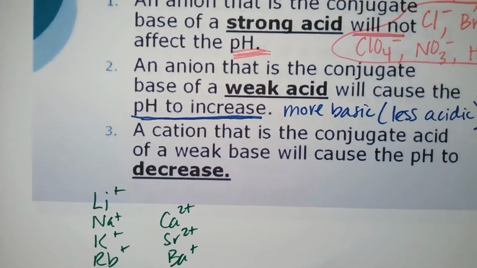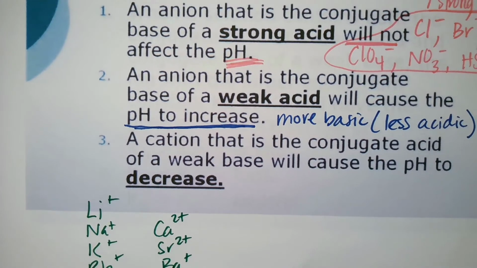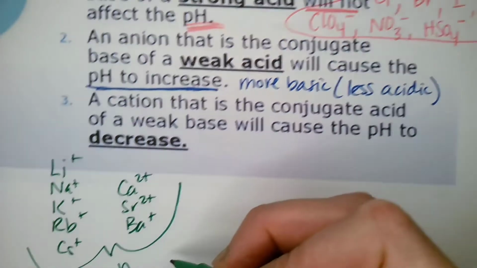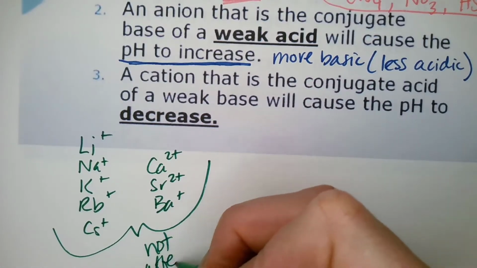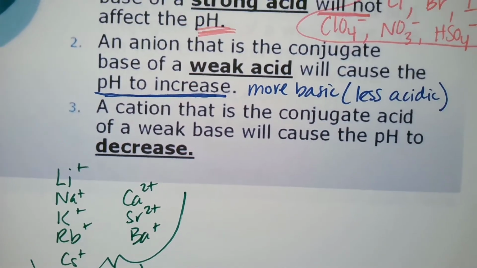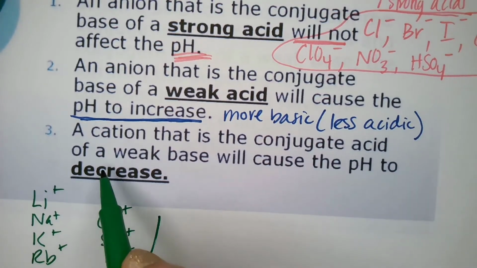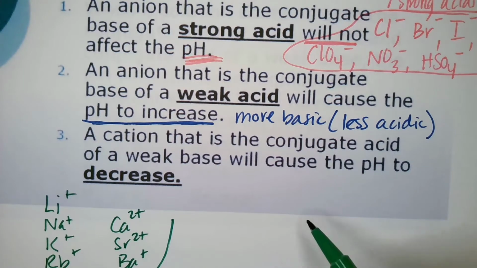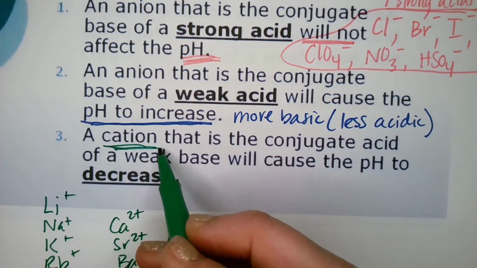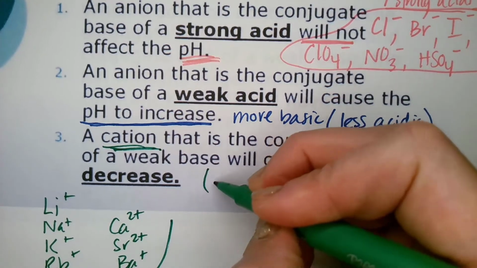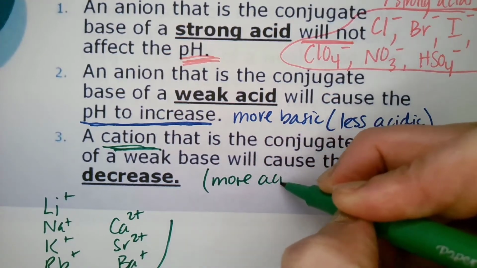These are all the cations of strong bases that will not affect the pH. Every other cation that is the conjugate acid of a weak base will cause that pH to decrease, meaning it's going to become more acidic.